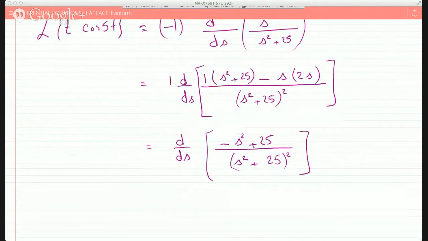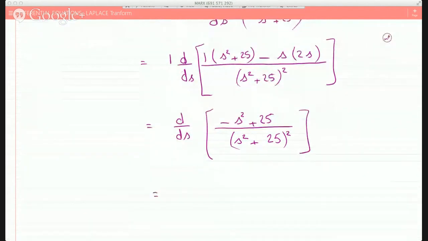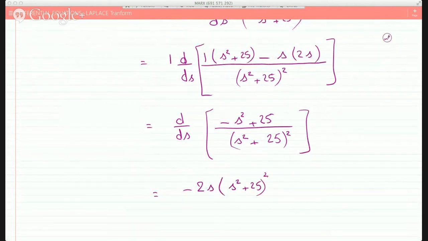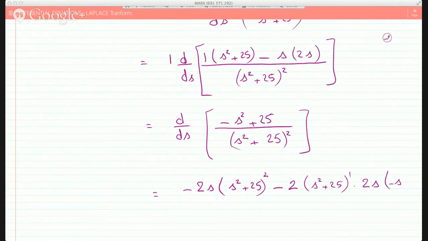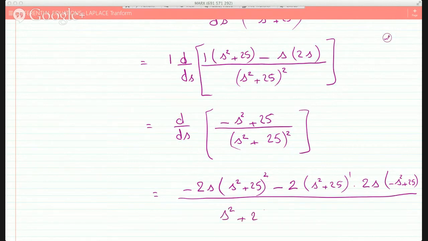So here you need another quotient rule. So it'll be minus 2s times the denominator as is, minus the derivative of the denominator, so 2 times s squared plus 25 to the 1 times the inside, times the top as is, minus s squared plus 25, all over s squared plus 25 squared, so it becomes to the 4.